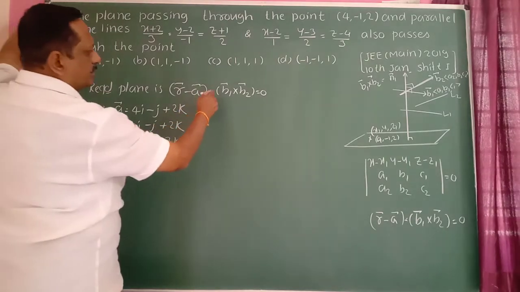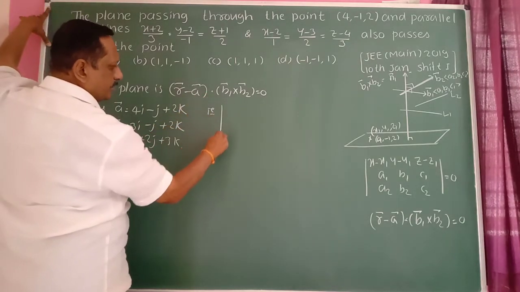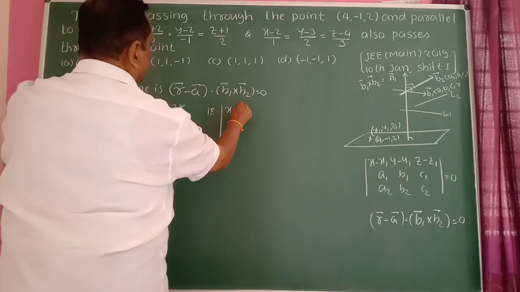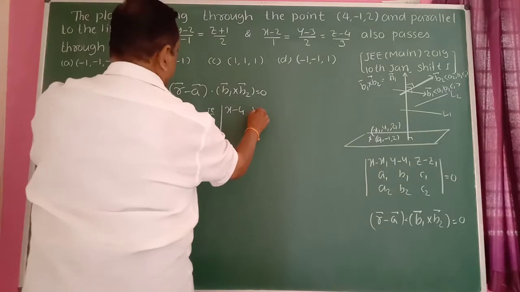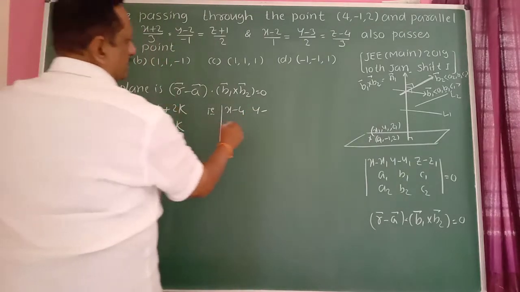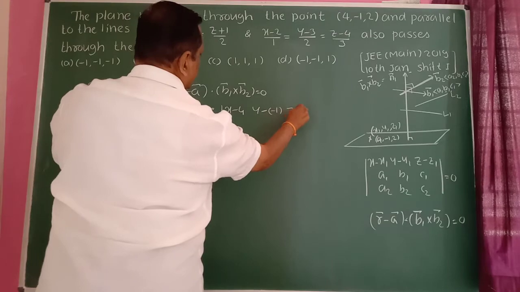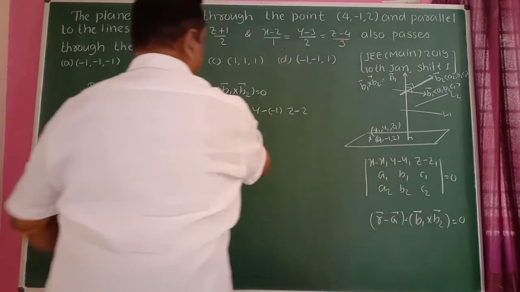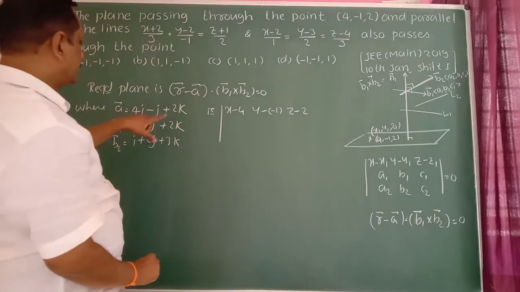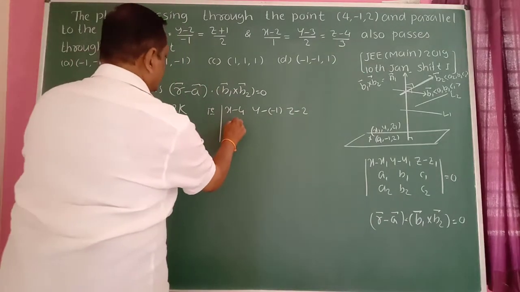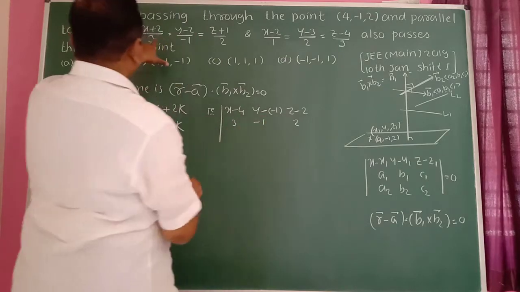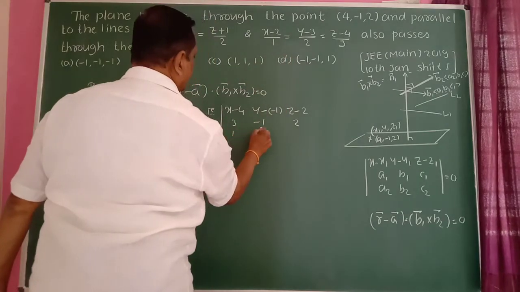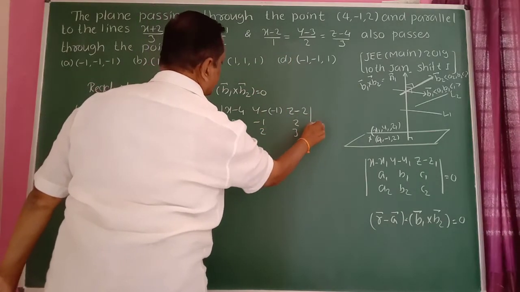This is nothing but the determinant with rows x minus 4, y plus 1, z minus 2; 3, -1, 2; and 1, 2, 3.